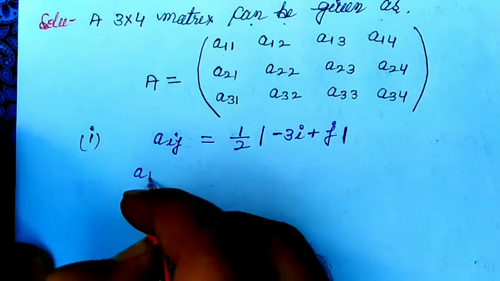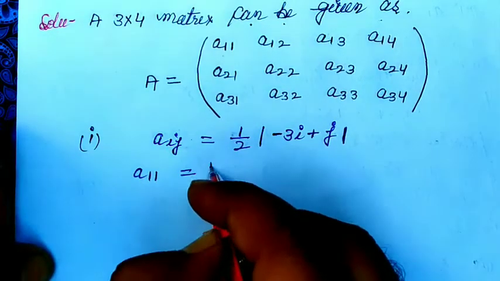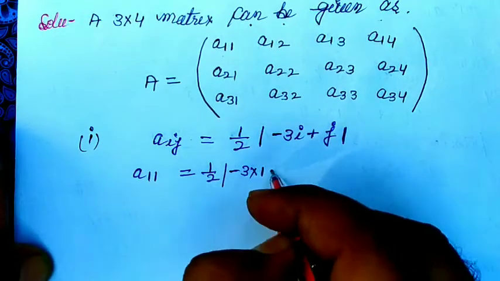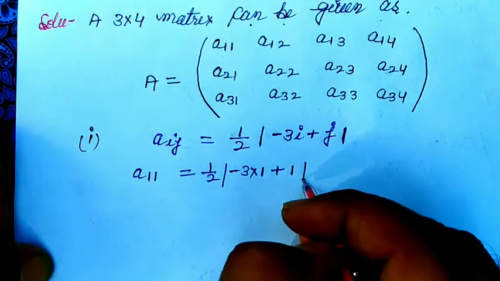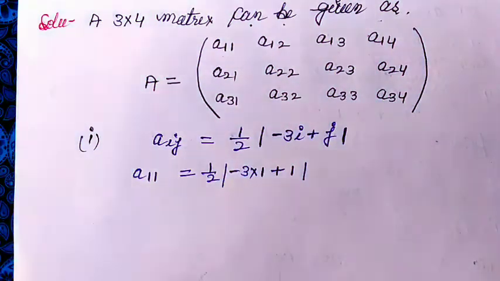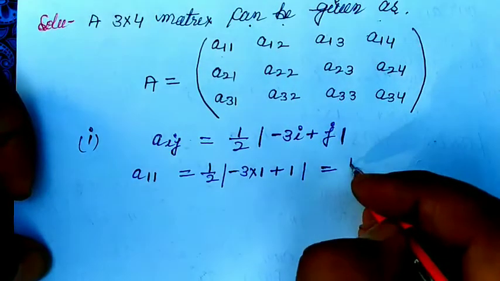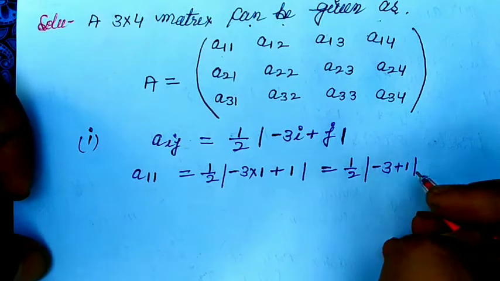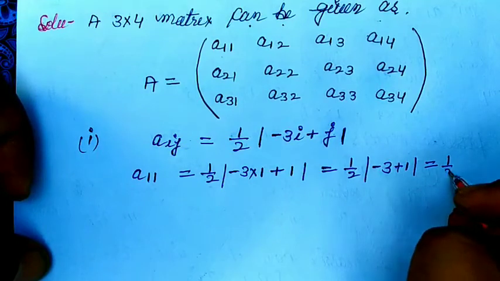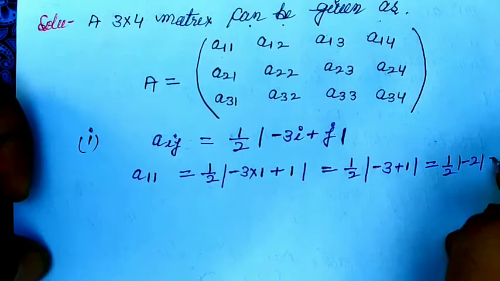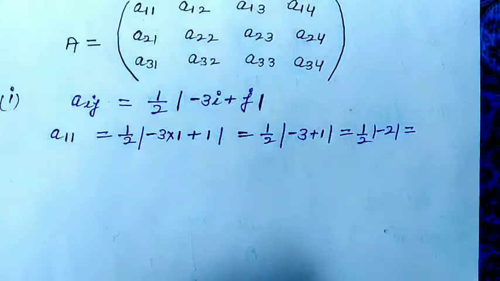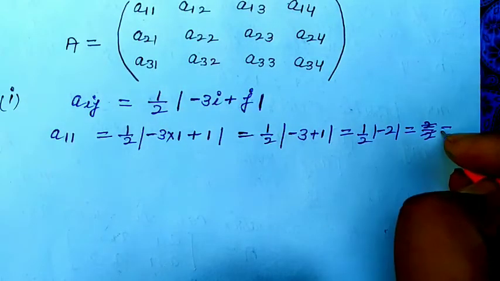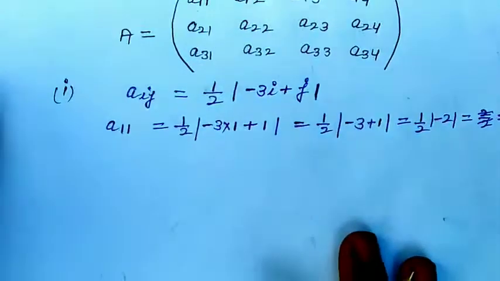For A11 we put 1 in place of i and 1 in place of j. After calculating we have minus 3 plus 1, so we get minus 2. After removing the modulus we have 2 over 2. So the value is 1 here, isn't it?